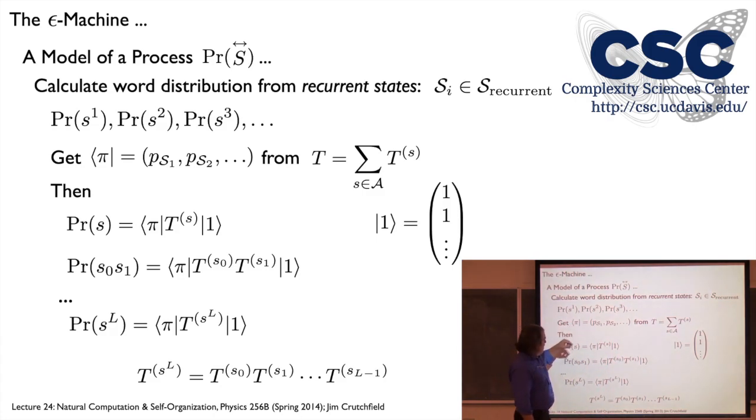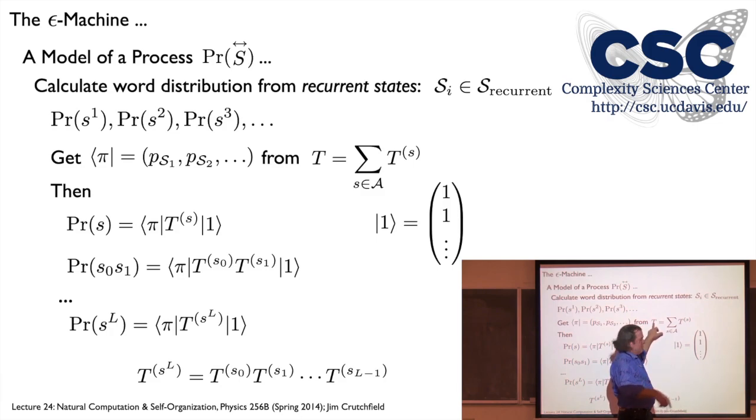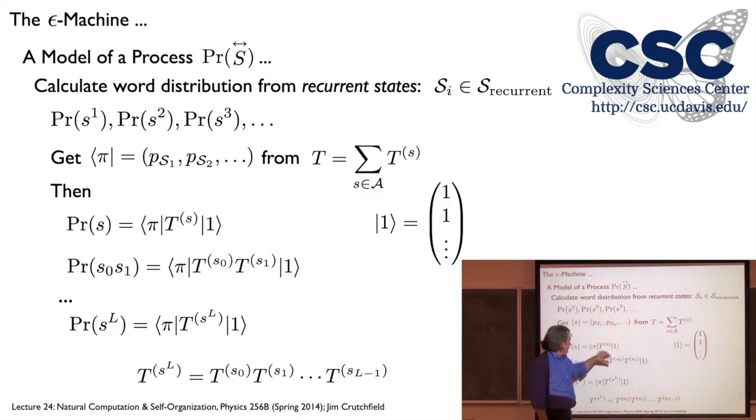The way we do this is, again, go back to the transition matrix that describes the causal state Markov chain itself, and calculate this left eigenvector normalized in probability, so that gives me the asymptotic probability of visiting the various causal states. I'm using Bra-Ket notation from physics here, but this is just a matrix product. We have this eigenvector, think of that as a row vector, times this symbol transition matrix, and then I just normalize.